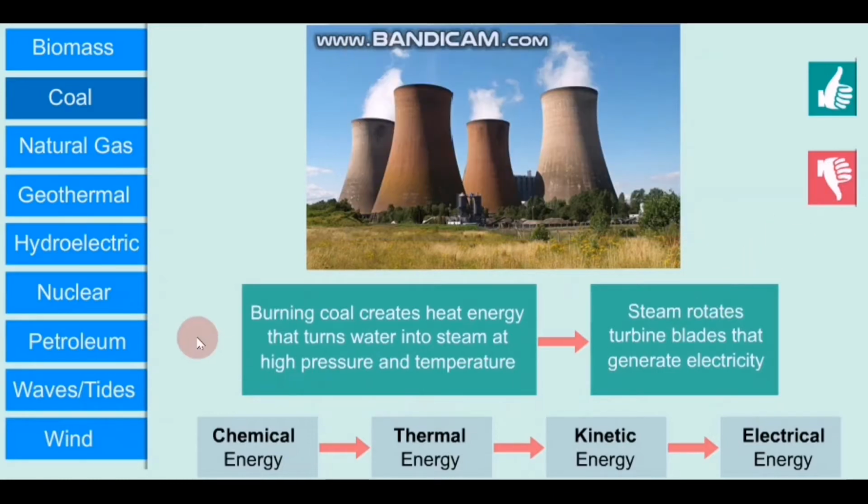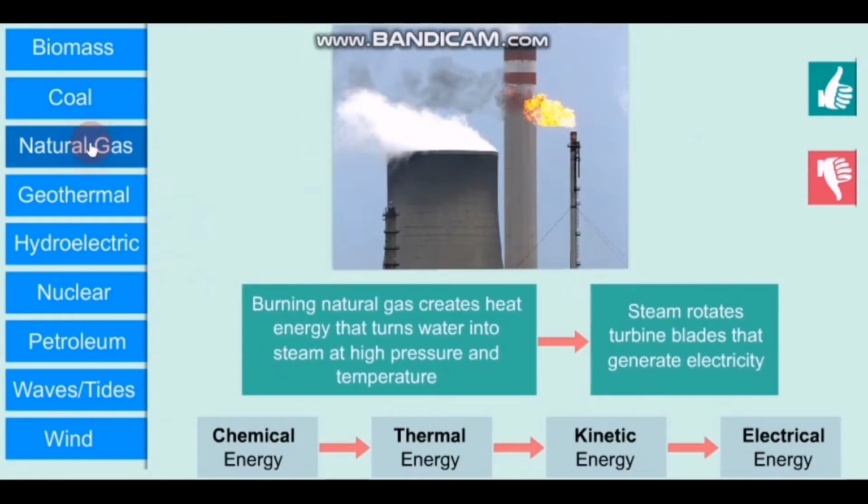Okay. Next, the natural gas power plant. Okay, burning of natural gas creates heat energy that turns water into steam at high pressure and temperature, and this steam rotates the turbine blades that generate electricity. Again, from chemical energy, we finally convert into electrical energy.